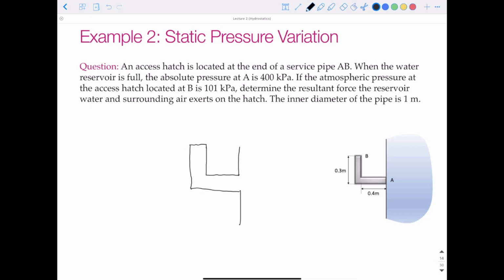So the pressure on this side of the hatch is equal to the atmospheric pressure, 101 kPa. And we know the pressure at point capital A, the pressure over here is an absolute pressure of 400 kPa.